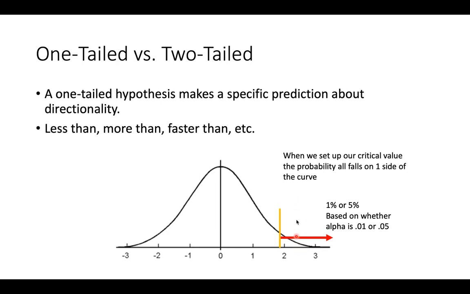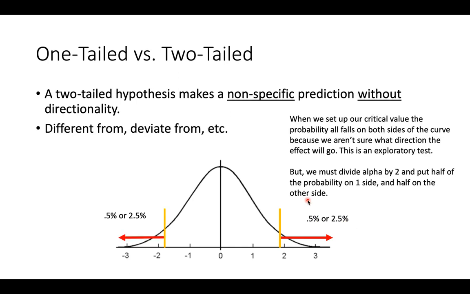It would be over here because 1% is more extreme. If our alpha was 0.01, then it would be the place on the curve where 1% of individuals are above it and 99% of individuals are below it. And what we would be saying as scientists is that we will only be convinced by a score that is so extreme that it represents 1% or less of the population.